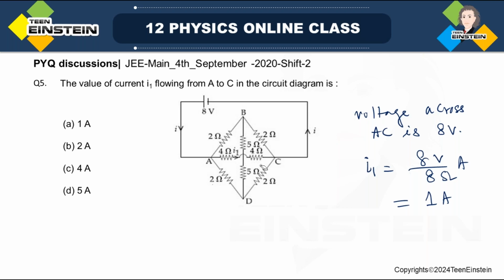But if somehow they would have asked me what is the current through this BD branch, then I would have applied the Wheatstone bridge principle. So I would think that this is a Wheatstone bridge, then take the ratio of these branches, then probably you will get zero current through this BD branch.